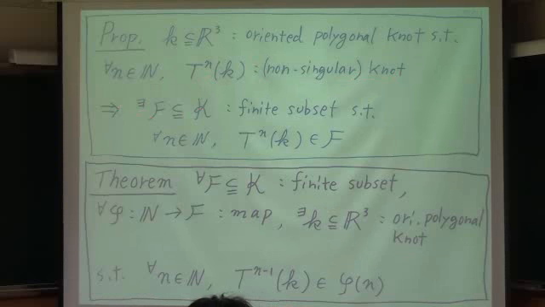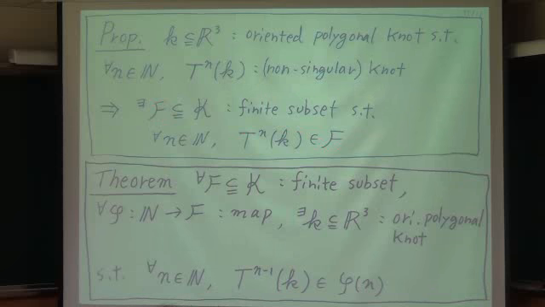Then there is some finite subset of knot types such that every T^n K belongs to this finite subset.